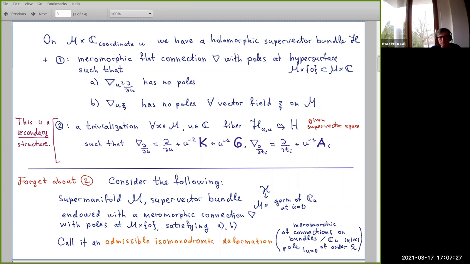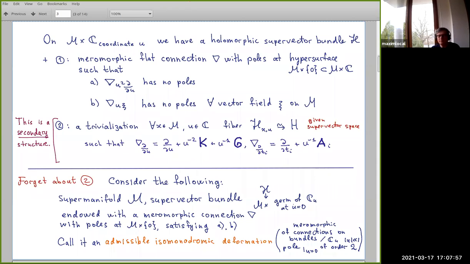So what we are doing now, we consider a supermanifold, an analytic supermanifold, an analytic supervector bundle. Before, it was a bundle over the product of the manifold with the whole coordinate line C, but right now I consider a germ of C at the point 0, and the size of the germ depends on a point of the manifold.